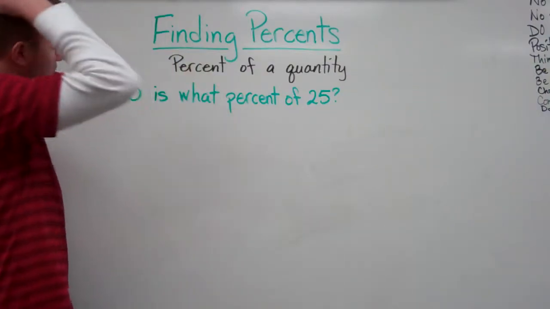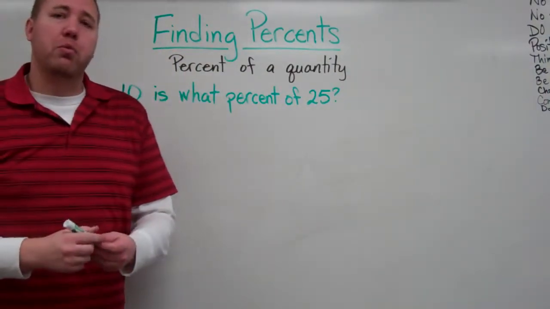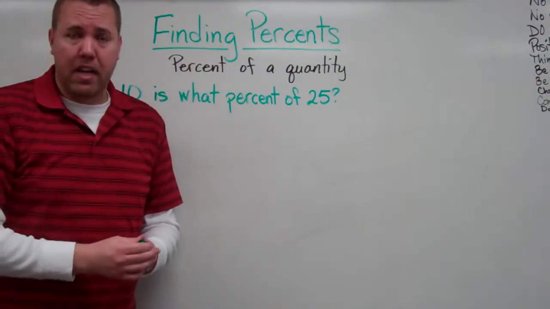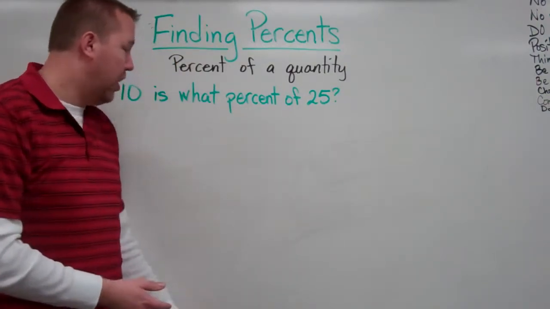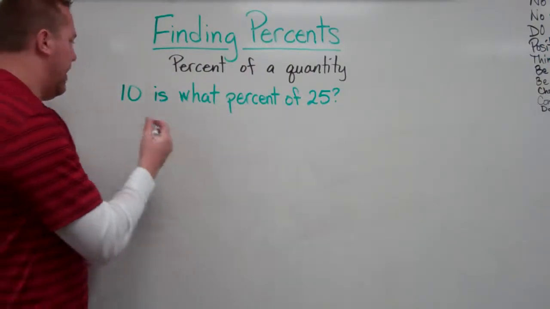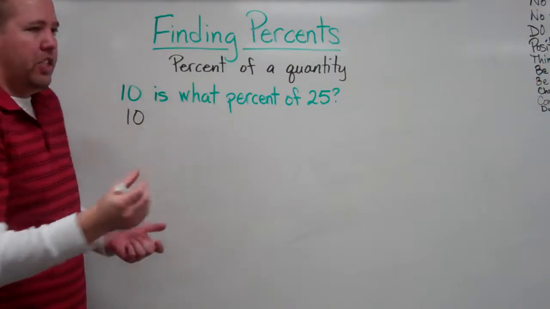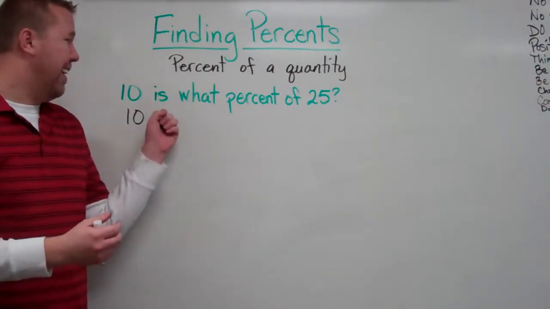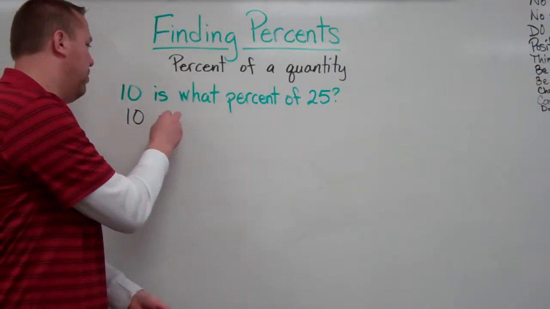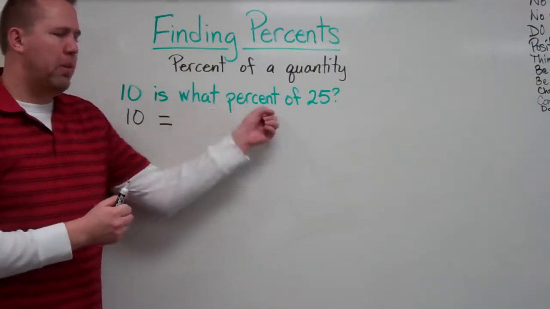Okay, so as we are asking what percent of 25 is that, we just break apart this sentence. I believe this is the easiest way to look at it. So 10, of course, equals 10. Now, in algebraic relationships and ratios, we use that equivalent sign, what we know as equal. And then what percent?